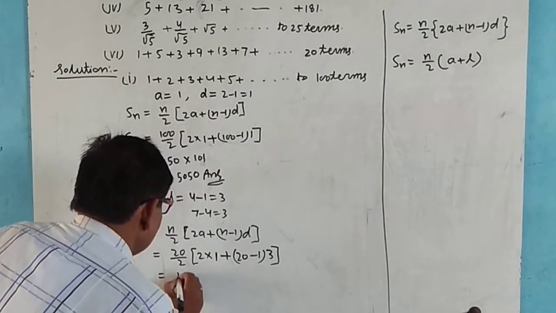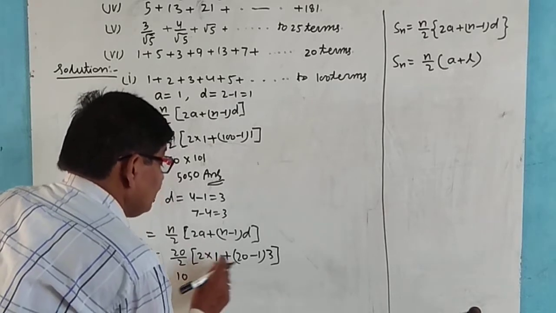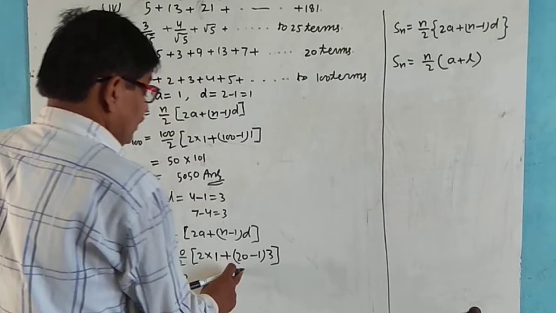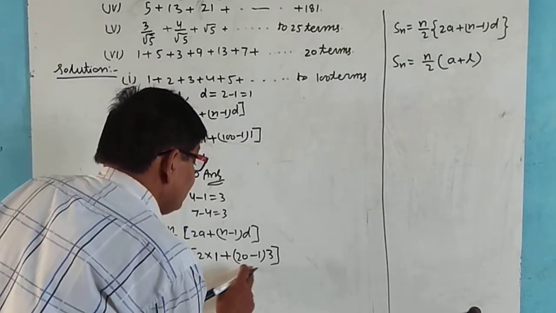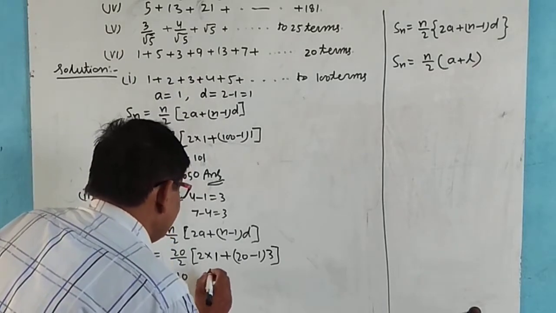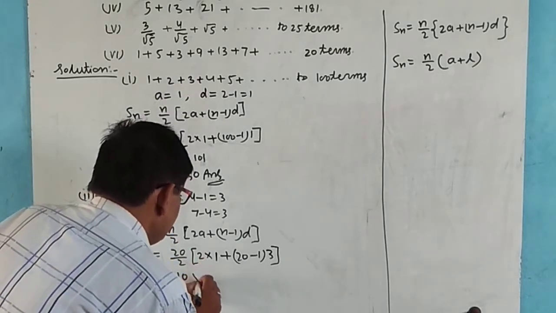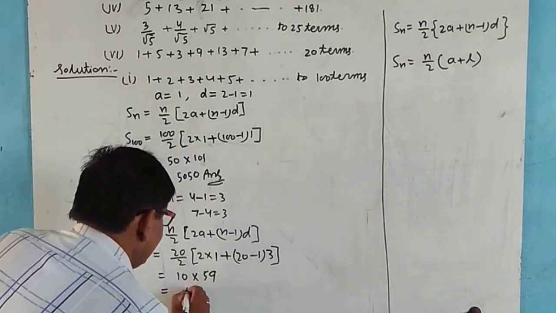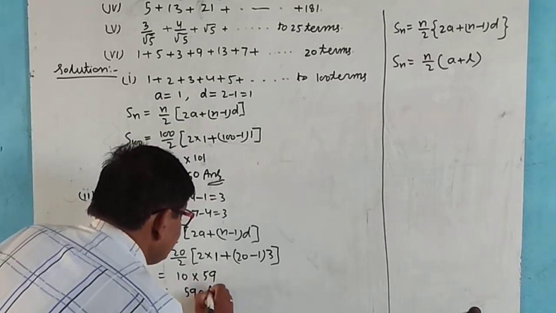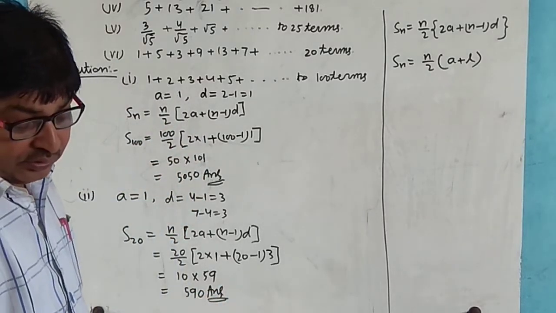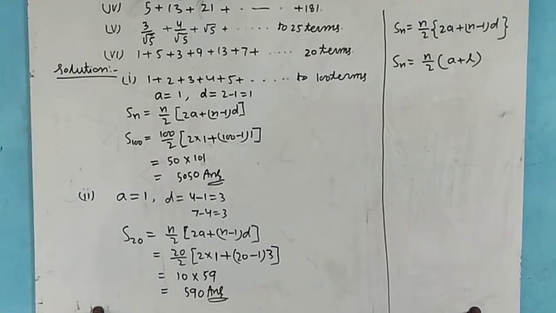Here, this is equal to 10 and this is equal to 19, 19 into 3 is 57 and 2 is 59. 59 multiplied by 10 is 590. This is our answer, that is equal to 590.